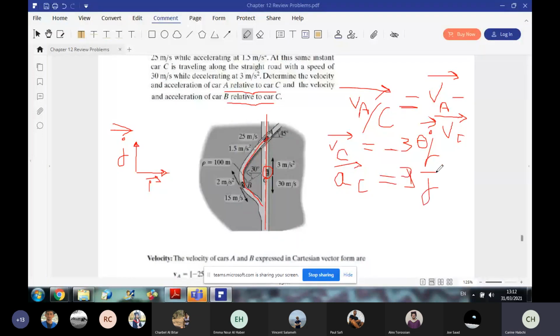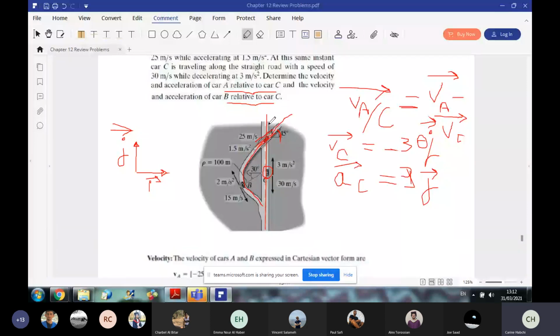Now, concerning car A. Car A is going over a straight line, it's not curved, but that line is inclined. So it's doing translation on an inclined line. The inclined line is making an angle of 45 degrees with the horizontal. So the velocity and the acceleration both should be decomposed into ij components.